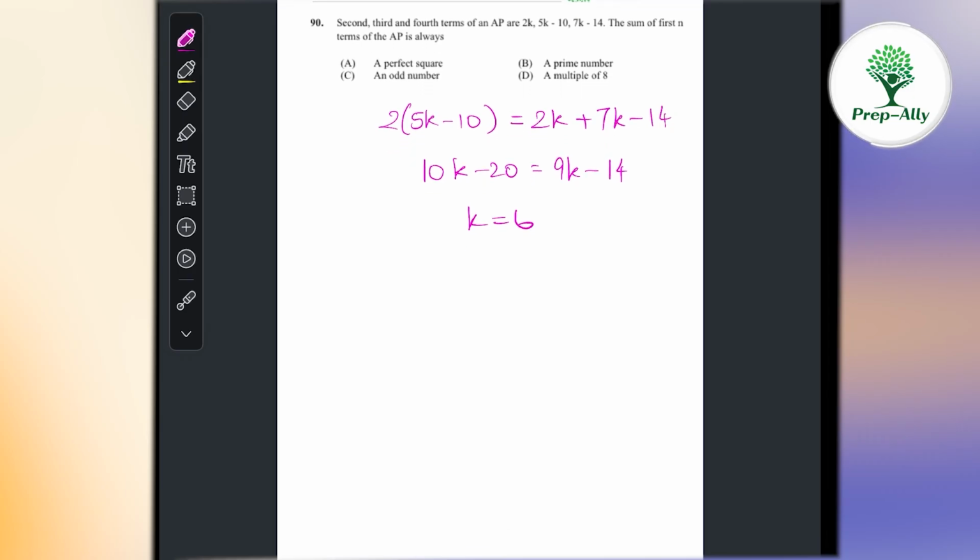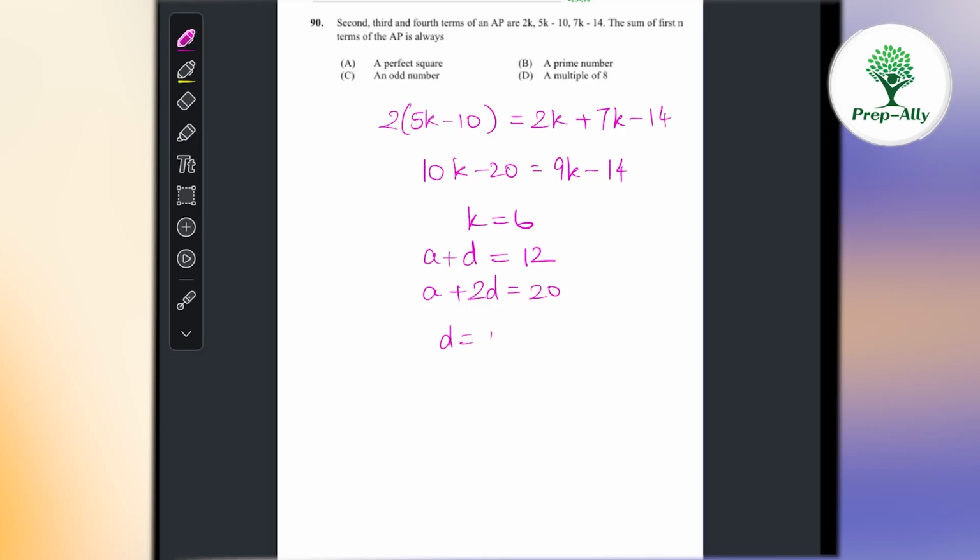which means a plus d equals 12 and a plus 2d equals 20.